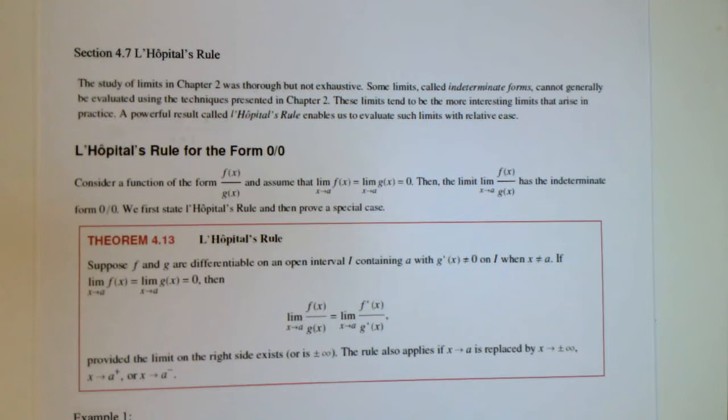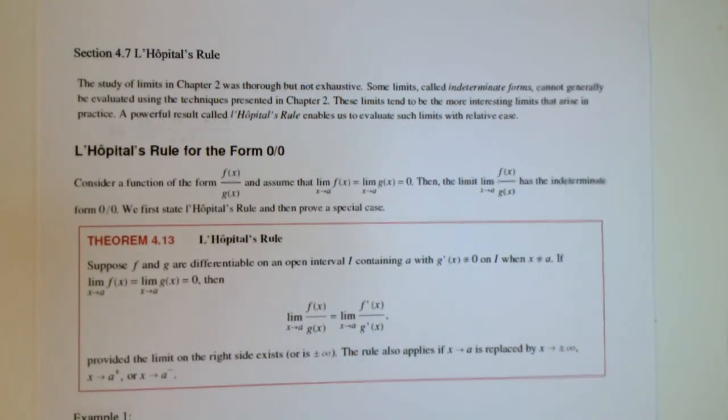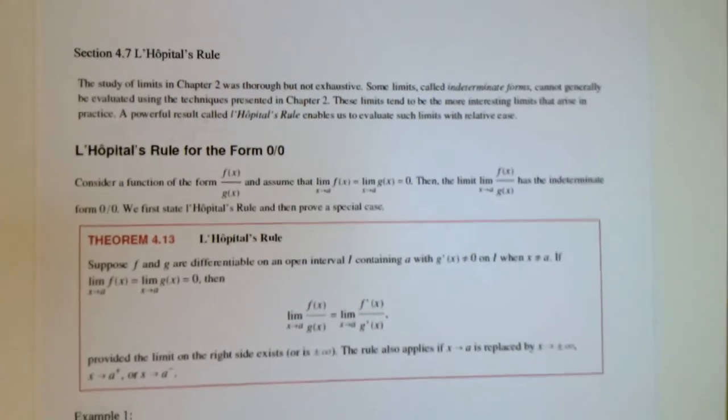If the limit as x approaches a of f of x and the limit as x approaches a of g of x both equal 0, then here's L'Hopital's rule. The limit as x approaches a of f of x divided by g of x will be equal to the limit as x approaches a of f prime of x divided by g prime of x. In other words, you're going to take the derivative of the numerator and the derivative of the denominator and take that limit if you are able to do so.